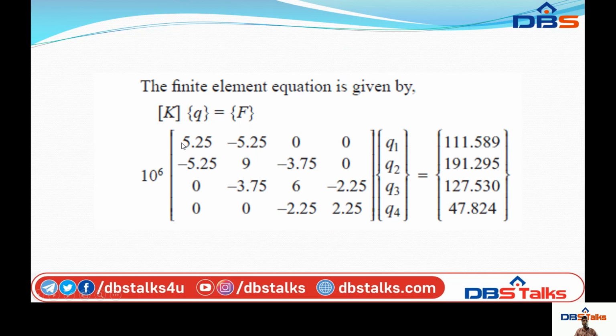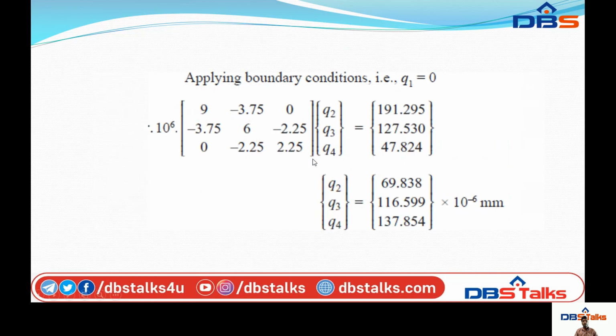By taking Q1 equal to 0, I am following the elimination approach by cancelling the row and similarly the column. The remaining equations are 9 Q2 minus 3.75 Q3 equal to 191.295, minus 3.75 Q2 plus 6 Q3 minus 2.25 Q4 equal to 127.530, minus 2.25 Q3 plus 2.25 Q4 equal to 47.824. Then it is solved in equation mode in Casio.